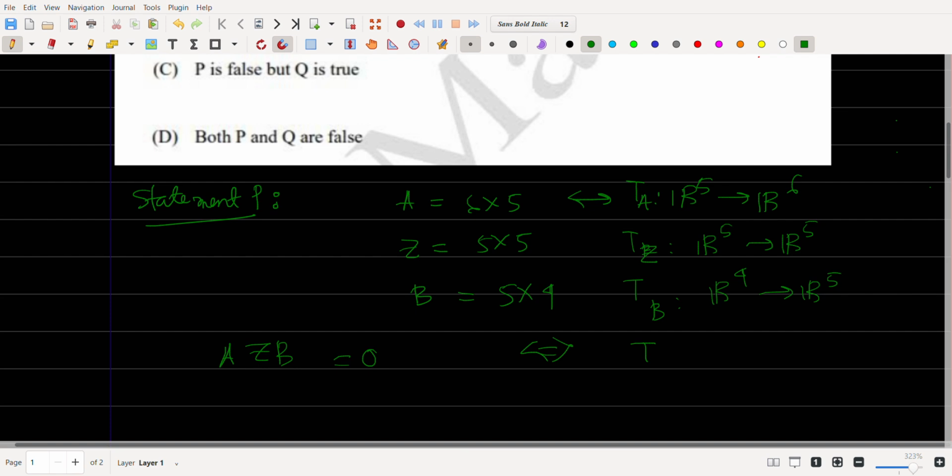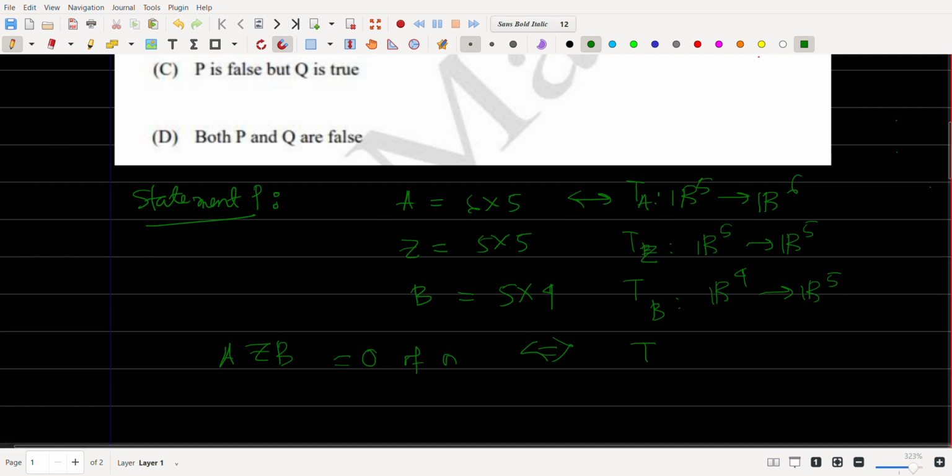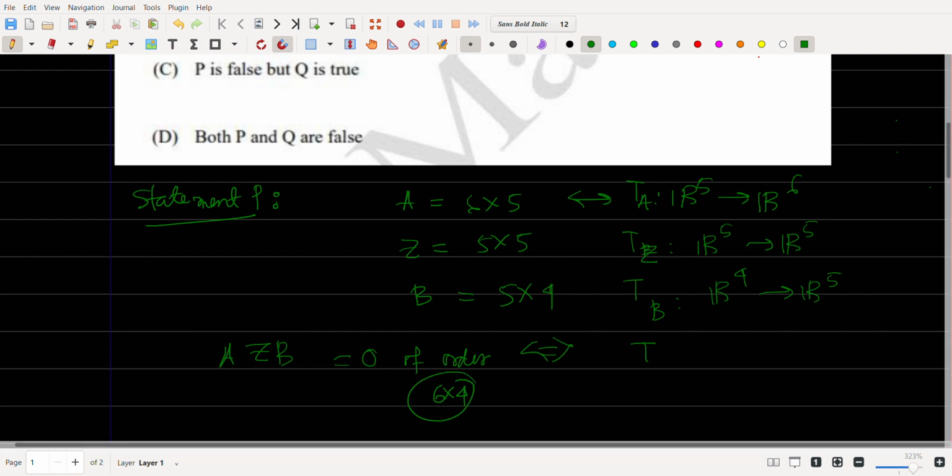AZB is a zero matrix of order 6 cross 4, so the composed map goes from R4 to R6.